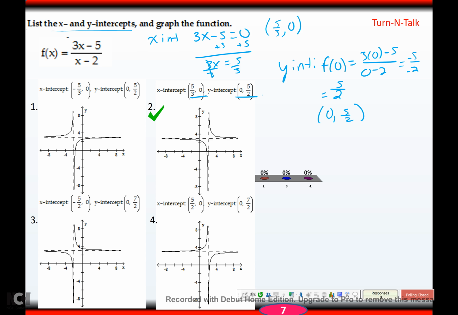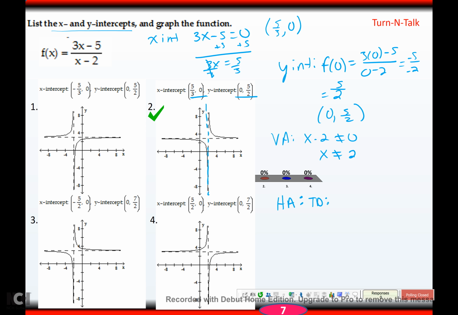And then again, they asked you to graph it, but you can type it in the calculator, obviously. But if I was doing the work, I'm going to have a vertical asymptote when the denominator equals 0. The denominator can never equal 0, so x can never equal 2, which puts me a vertical asymptote at 2. My horizontal asymptote is going to be degree rules.